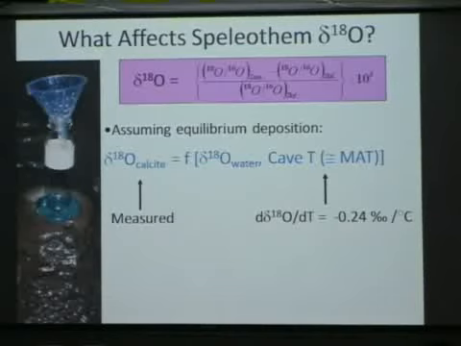And then this cave temperature effect on the calcite delta 18 is fairly well known. It's relatively small compared to some of the variations that we see in the speleothem.